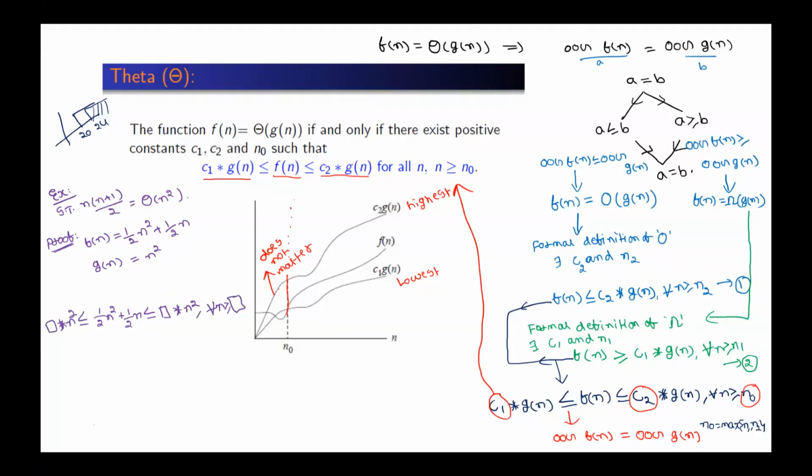These three constants we need to find. We have already solved this problem for big O also, big omega also. Tell me the constants. What are the three constants?